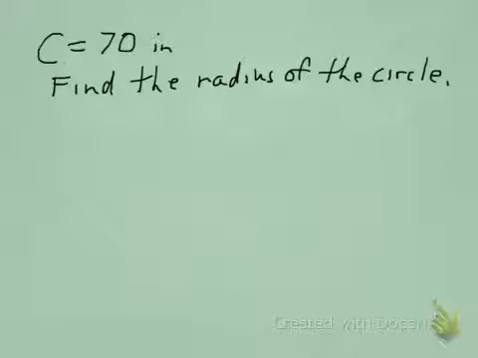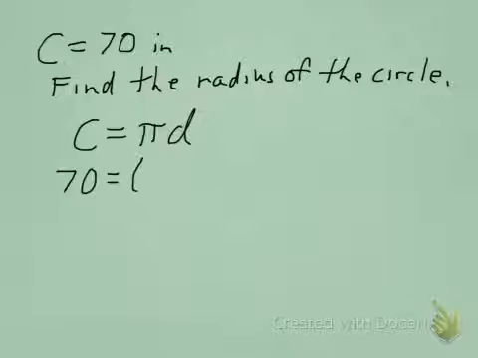They give me the circumference already. I'm not trying to find the circumference. I'm given the circumference. They want me to find the radius. Okay, write your formula down again and fill it in. This time I know that C, the circumference, is 70.